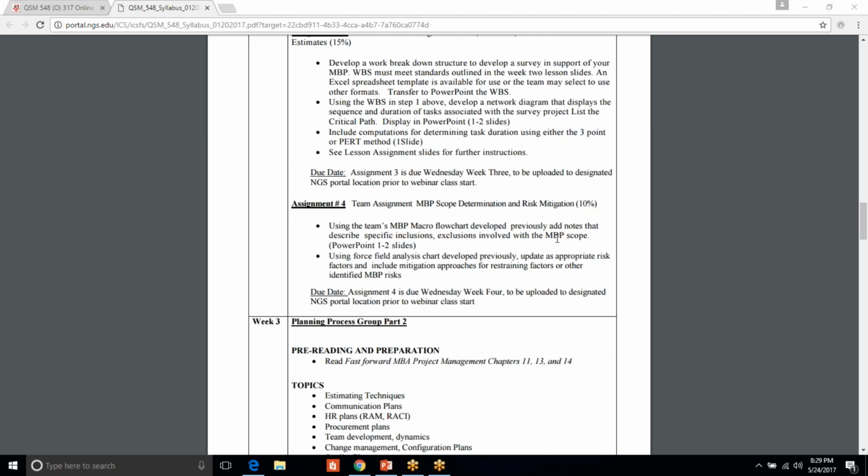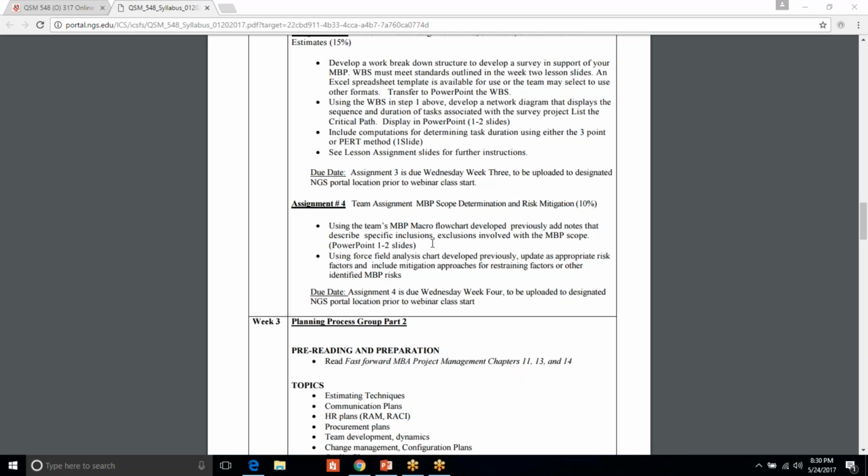And then assignment 4 is related to your MBB, a scope determination and risk mitigation exercise. Again, looking at your macro flows, looking at inclusions. Again, PowerPoint, 2 slides.